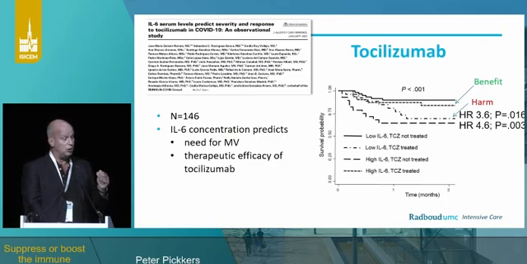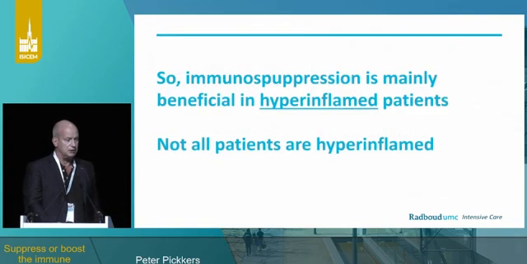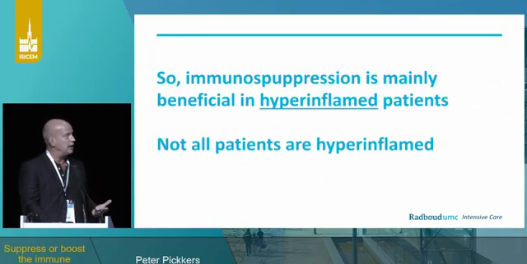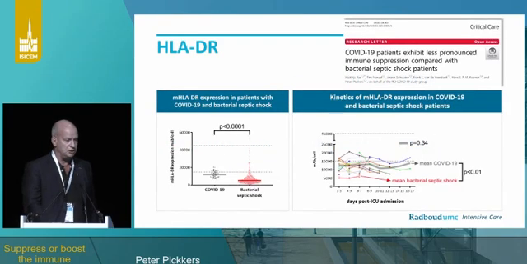These patients were also more likely to die, and even though there's no clear signal that there are more secondary infections or whatever, anyway, if your IL-6 is not elevated and you give an antibody, this might not benefit or even harm the patient. So immune suppression is mainly beneficial in hyperinflamed patients, I would think, but not all patients are hyperinflamed. That is the main message.